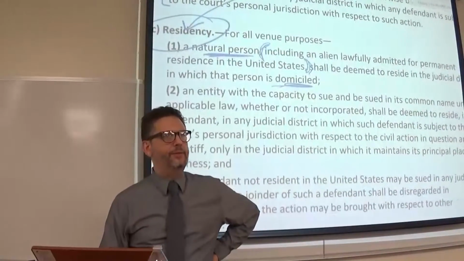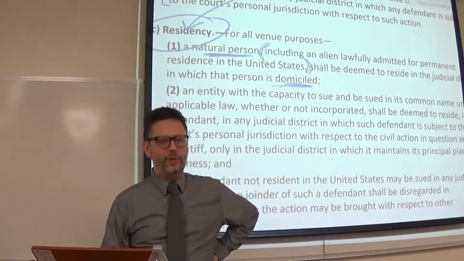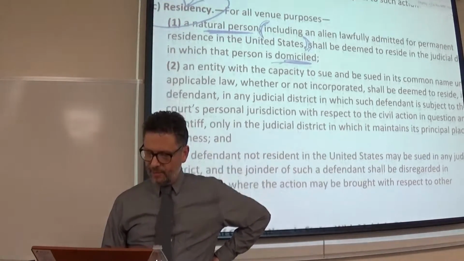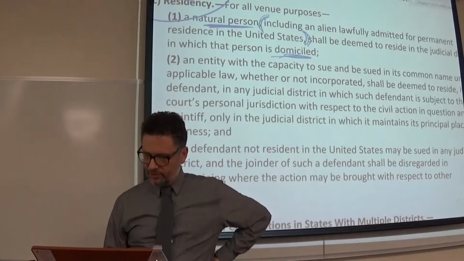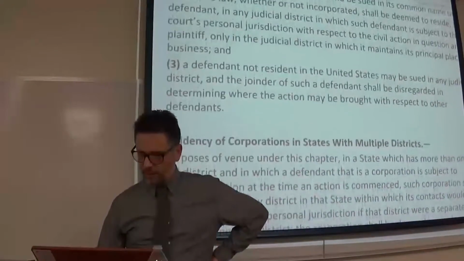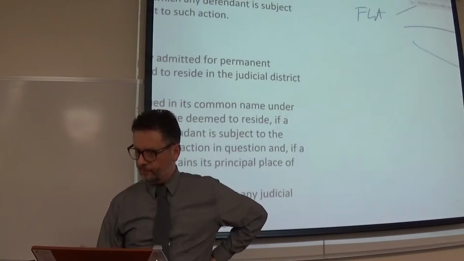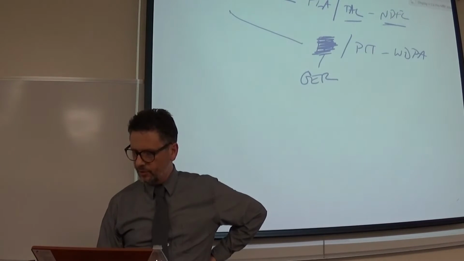Well, you think that they're domiciled in the Western District of Pennsylvania, but now we go down to 1391(c)(3). Where was it? Where'd it go? Oh, my bad. No, it's still the same result.